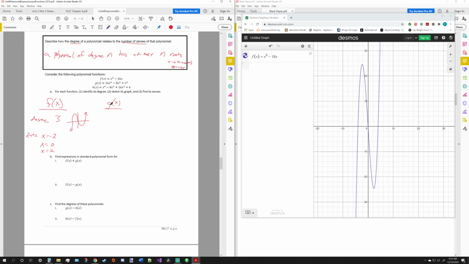All right, g of x. Gotta be careful with g of x. It's not written in standard form. So the highest exponent here is 4, so that's a degree 4. And what does that look like? Let's just change all that.